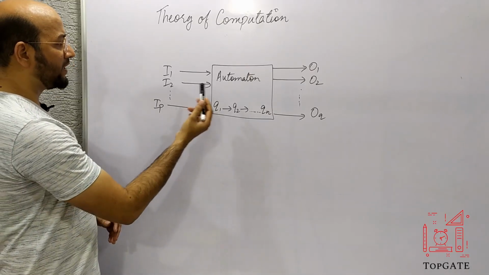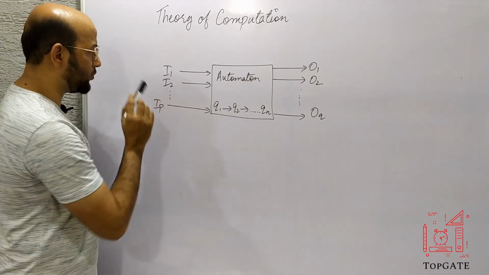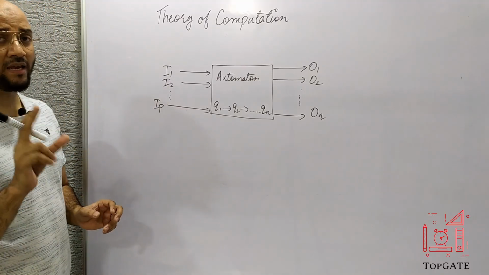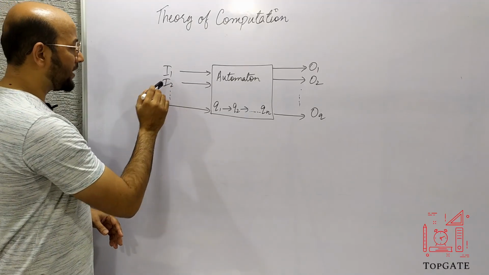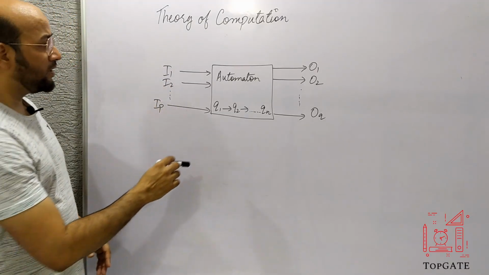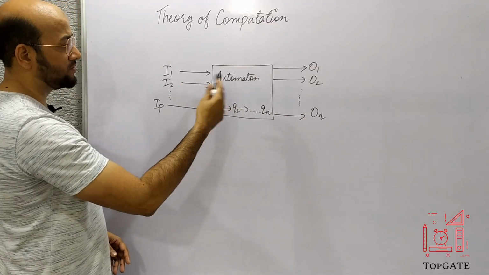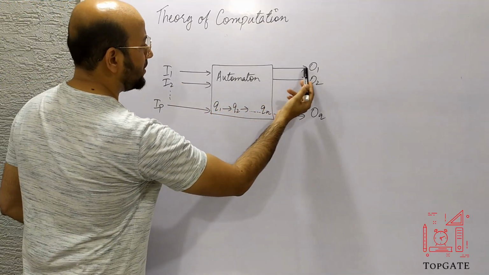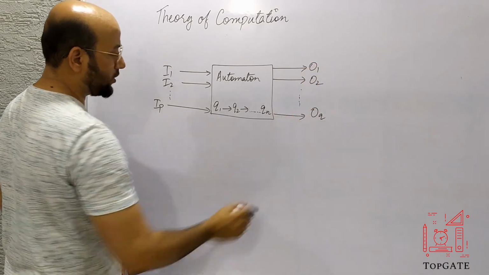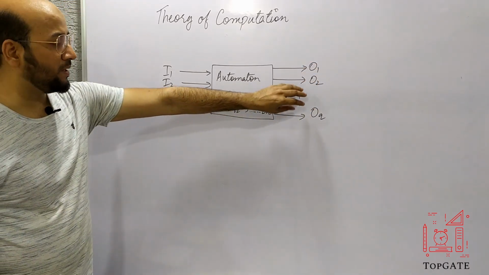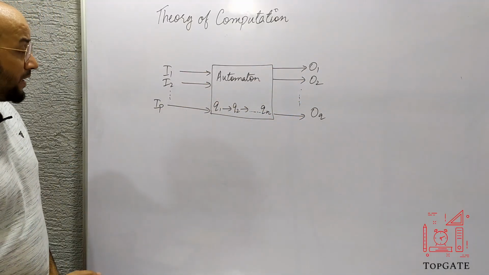In this automata we have certain characteristics. The first characteristic is the inputs. We apply some input at any particular instant of time, represented by I1, I2 up to Ip. Then this input is transformed and finally we get some output, that is output 1, output 2 up to output q. So at any instant of time different outputs are produced from this machine, that is the automata.